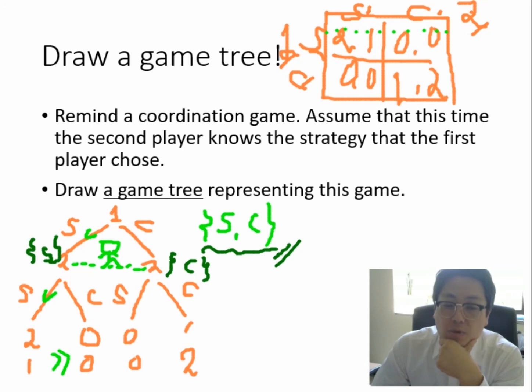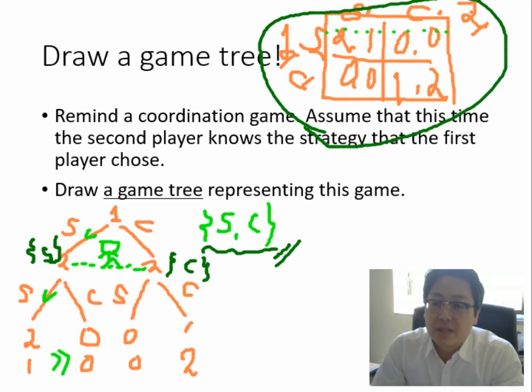Right? Now compare this with the coordination game. What the coordination game describes is that those two players are playing this game simultaneously. Or even if they are not playing simultaneously, if one player doesn't know what action was played by the other player when they try to play, then that is a situation a normal form game can describe.